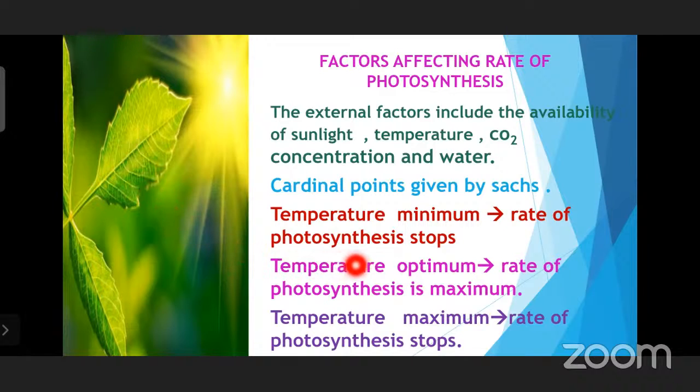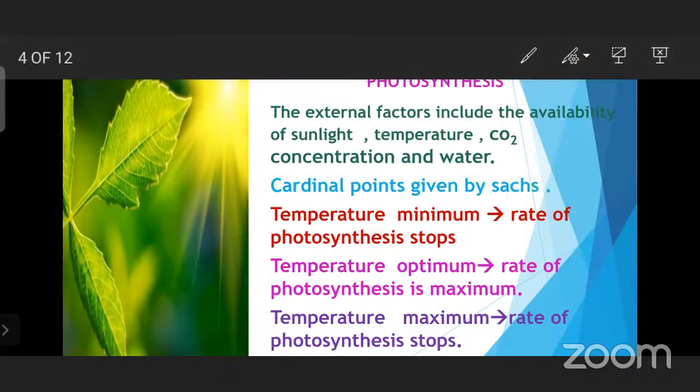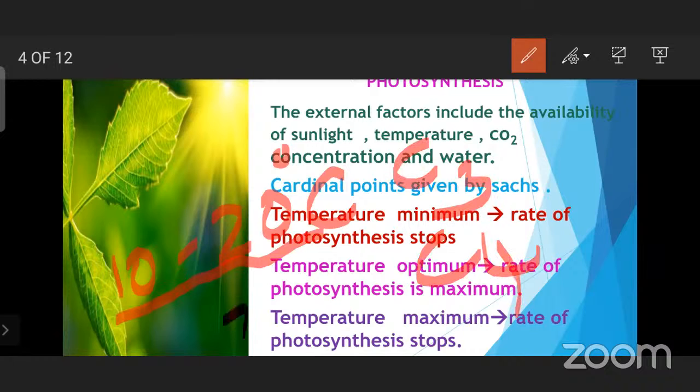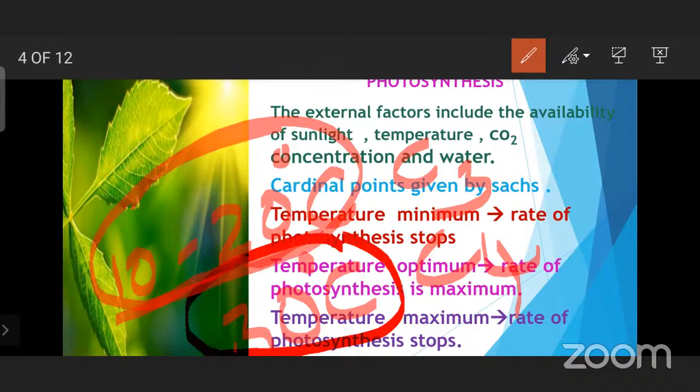So here, if the temperature is optimum, as you can see, in C3 plants 10 to 20 degrees centigrade is the optimum temperature for photosynthesis. In C4 plants, it is 30 degrees centigrade. That means even at high temperature. So here the temperature is very crucial, and it shows an effect on the rate of photosynthesis.